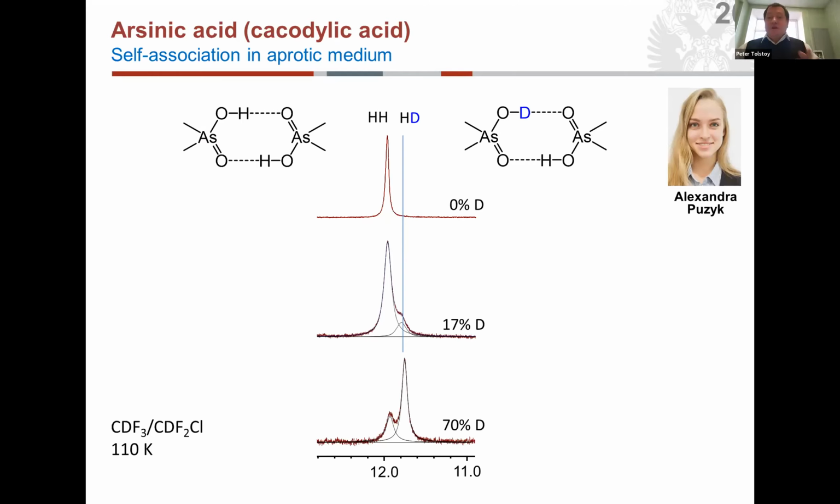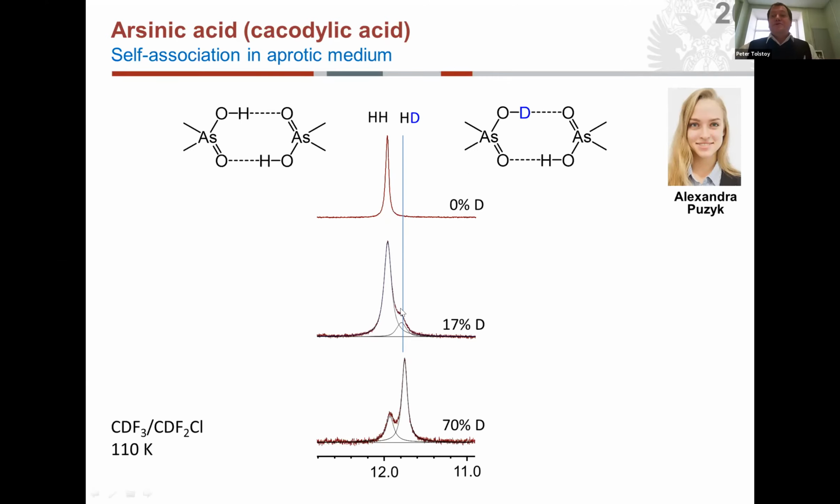The same happens. There is one signal of non-deuterated species, and the second signal grows and appears to the right of it, and the intensity of the second signal is exactly equal to the deuteration ratio of the sample. There is 70% of protons substituted by deuterons.